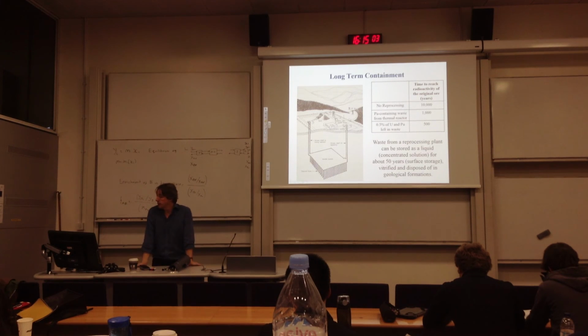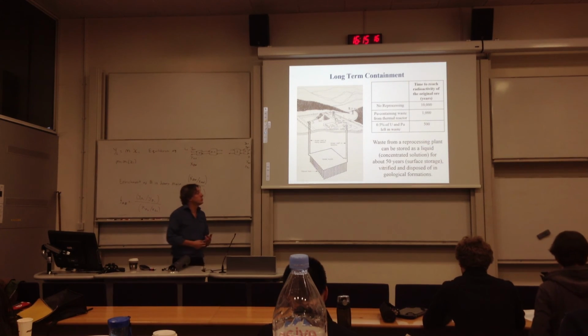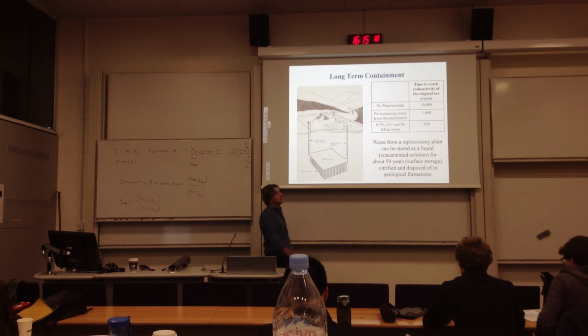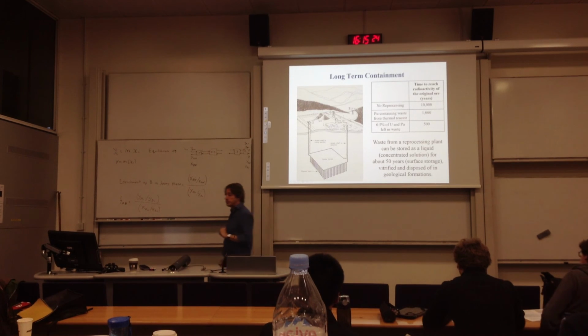And finally, if you consider what we could call full reprocessing, so you only have 0.5% of uranium and plutonium in the waste, then that can be brought down to 500 years. So this is the impact of reprocessing on the final storage conditions, right?